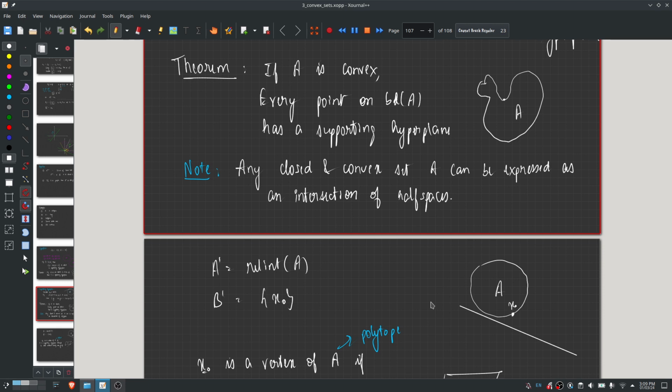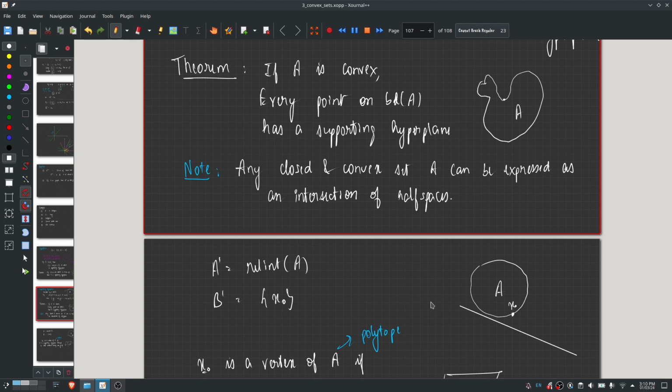So the closure of A may or may not be equal to A itself. So even if I remove a point on the boundary of A, the boundary of A will still include that particular point. So it will always be possible to construct a supporting hyperplane at that particular point. So x0 is a point on the boundary which may or may not be in A.